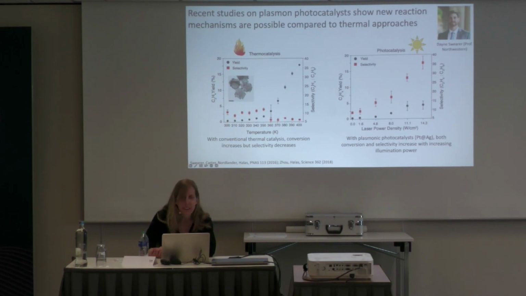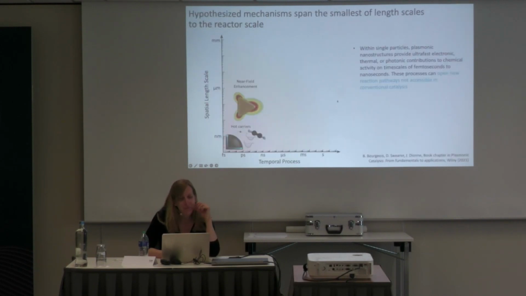Whereas with photocatalysis, as they turned up the laser power density, the selectivity went up, and the conversion basically flattened off. So if nothing else, you can see there are different trends between thermal catalysis and photocatalysis, which indicated that there was some other mechanism going on.